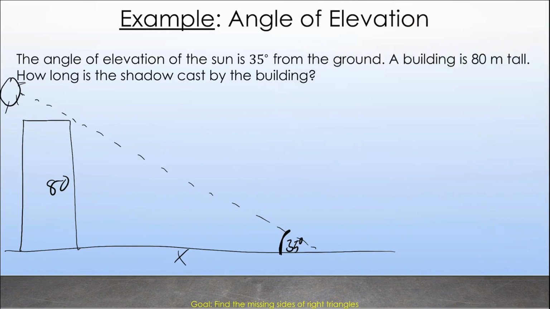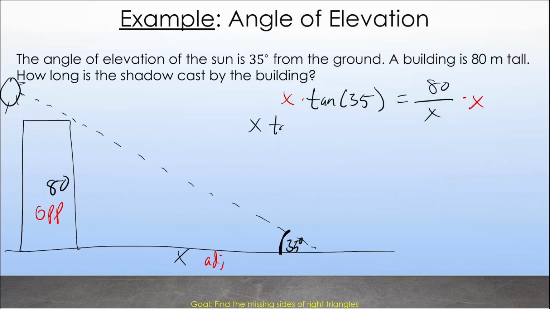Okay, so just like before, I'm going to say, what do I have? I have my side adjacent and I have my side opposite. So then we go back to SOHCAHTOA. Opposite and adjacent is tangent, so I'm going to say the tangent of 35 degrees equals my opposite side divided by my adjacent. Going to multiply both sides by x.